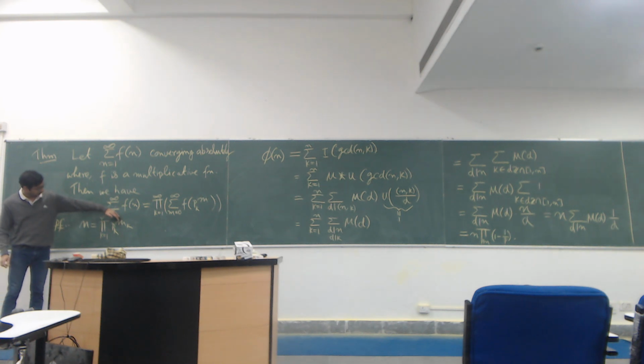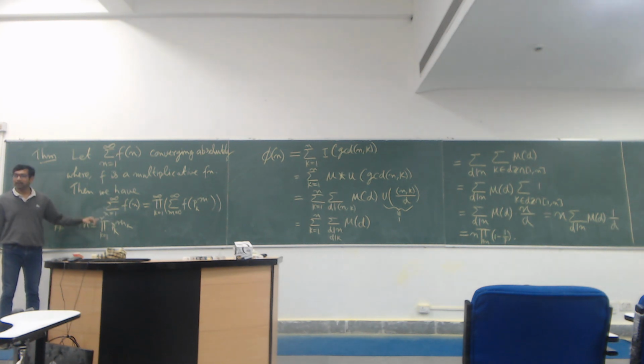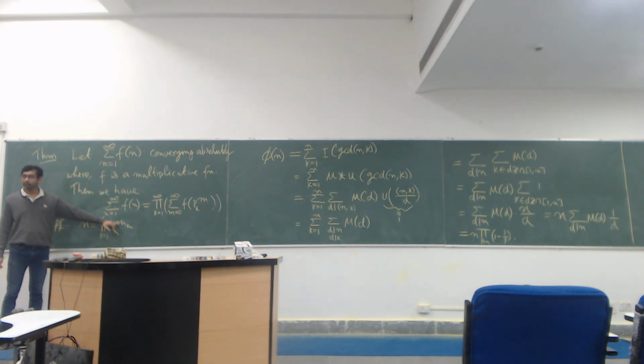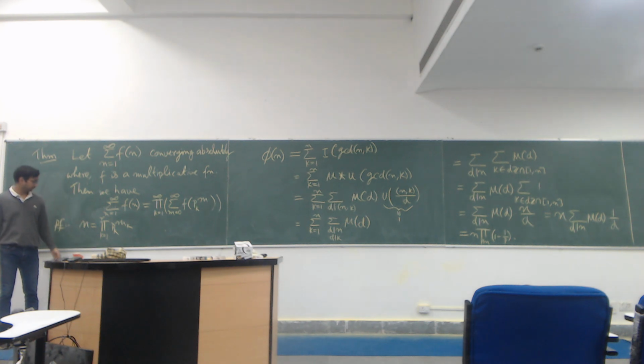Of course, here we are allowing nk to also be 0, because we are taking the first r prime numbers and writing n as pk power nk. So some of these nk's are 0 and some are not. So this gives you the prime product decomposition of n.